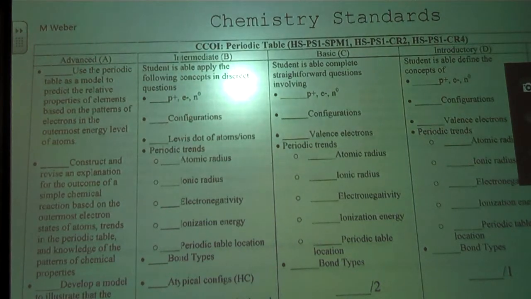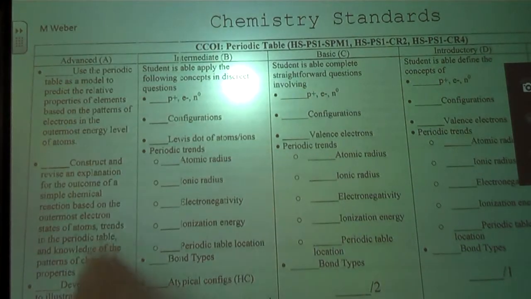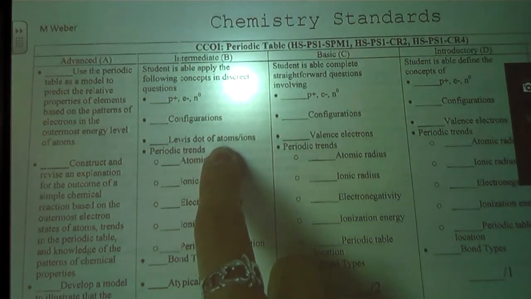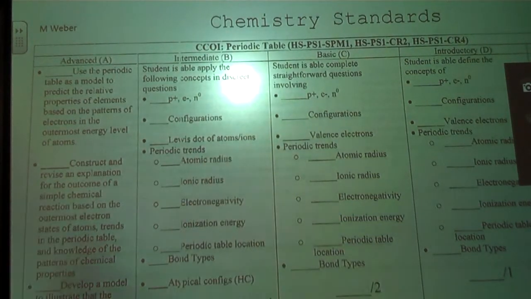Since the Next Generation Science Standards focus on application, I made those, so these are almost verbatim from the Next Gen. And those are the application standards. So if you want an A, you have to be able to apply the concepts. I don't care how many times you can do a Lewis dot structure and tell me what it is. If you can't apply it in some sort of outside the box thinking, it's not going to help.